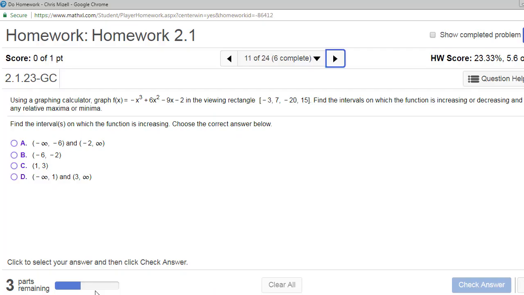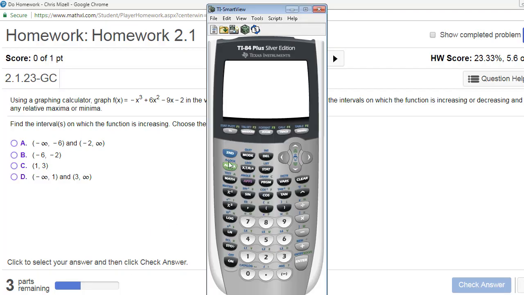So let's look at this one. Here we go. Y equals, start with the negative sign. The calculator will give you a syntax error if you start with a minus, so be sure to start with the negative to lead the expression.